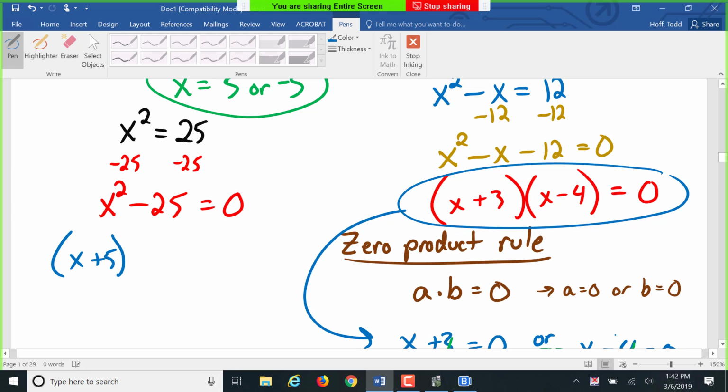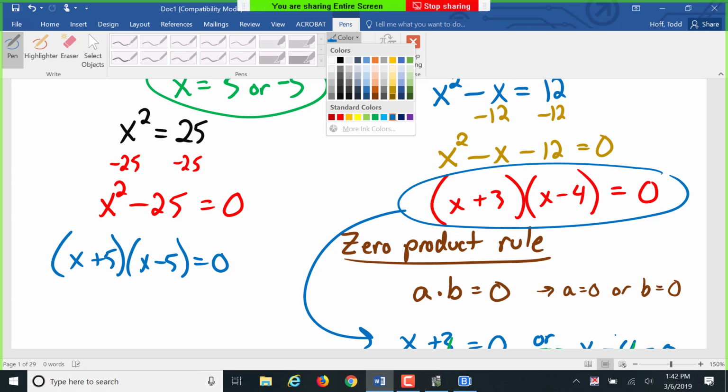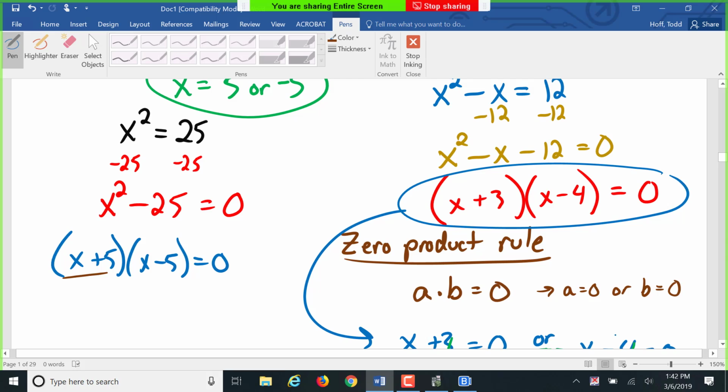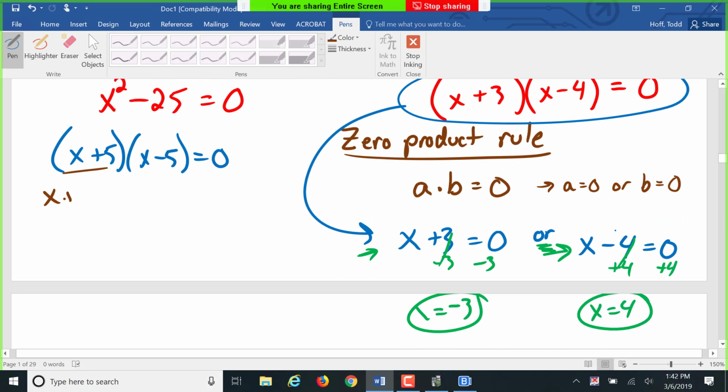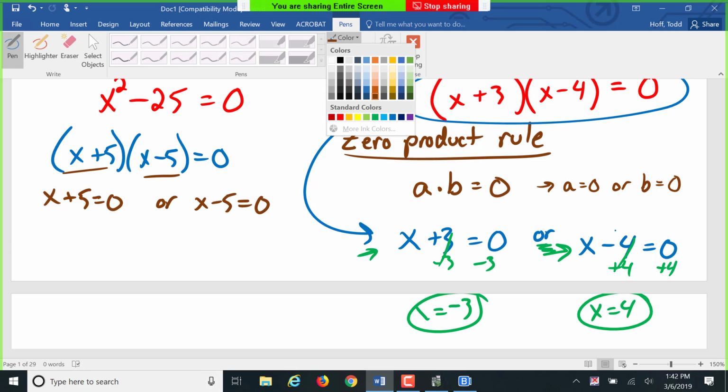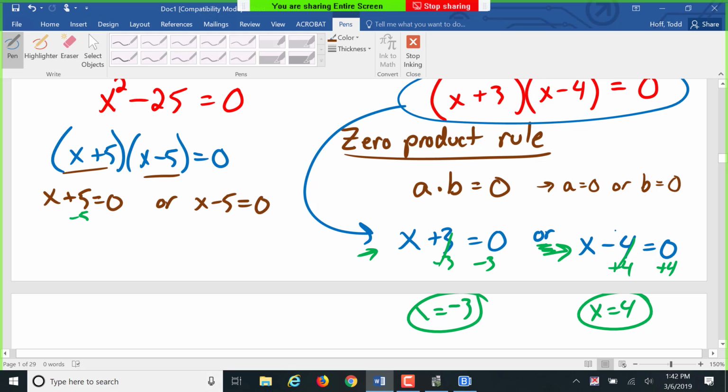X plus 5, x minus 5 equals 0. So this one is telling me that either x plus 5 equals 0, or x minus 5 equals 0. When I solve them, I subtract 5 to get x equals negative 5, or I add 5 to get x equals positive 5.